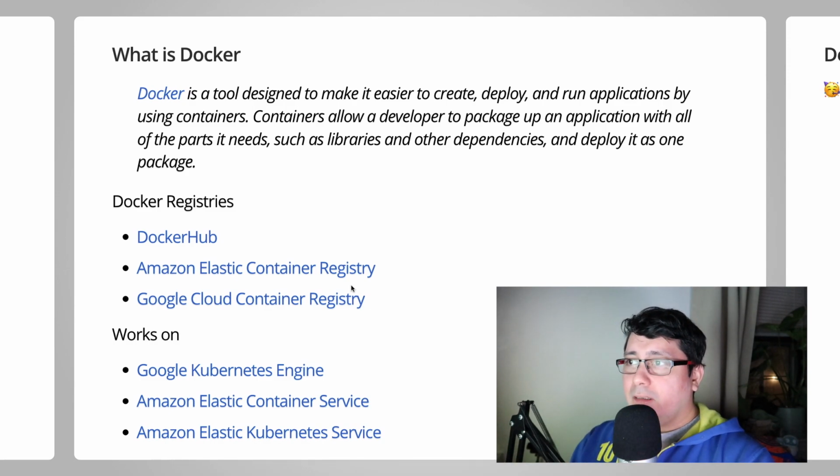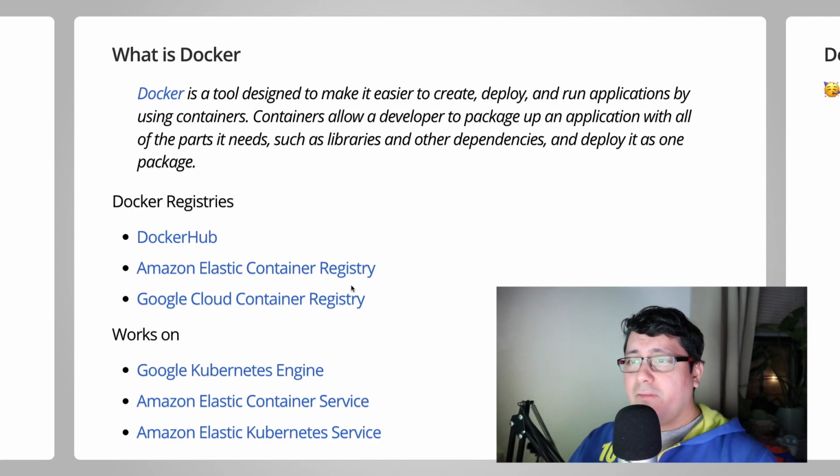Now, at the moment, the most popular registries, or the places you can push your images to, which is what Docker calls these artifacts, are Docker Hub, Amazon Elastic Container Registry, or ECR, and Google Cloud Container Registry. And you can literally run your own if you want to, on-premise.